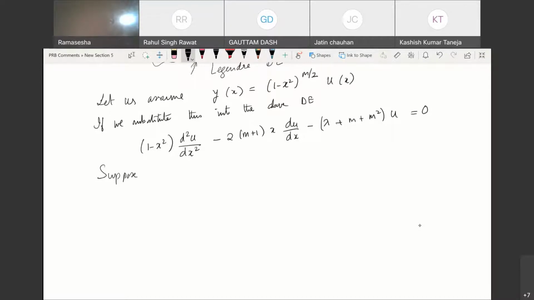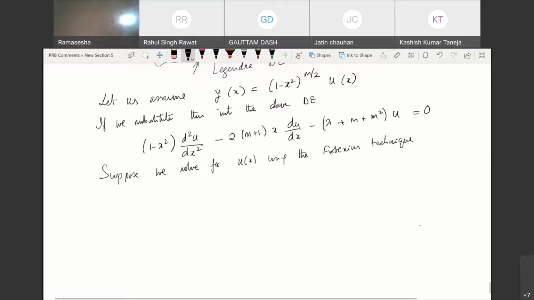U of x, using the Frobenius method, is the sum from n equal to 0 of a n x to the power s plus n.